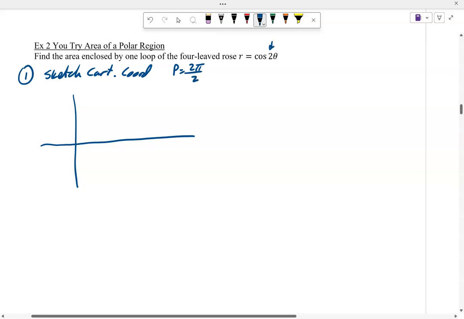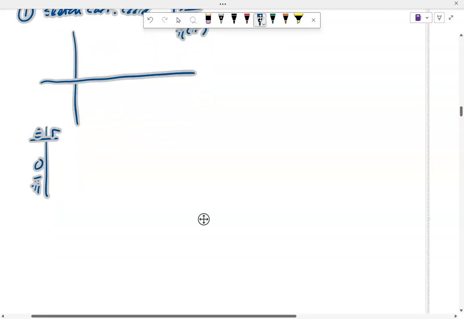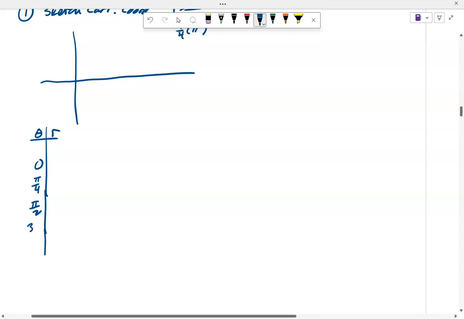Okay? So your period is pi, so you want to cut that in fourths. If you're plotting some points, theta and r, you could start at 0 and then go up pi/4. Pi/4 plus pi/4 is 2 pi/4 or pi/2. 2 pi/4 plus pi/4 is 3 pi/4. 3 pi/4 plus pi/4 is 4 pi/4.